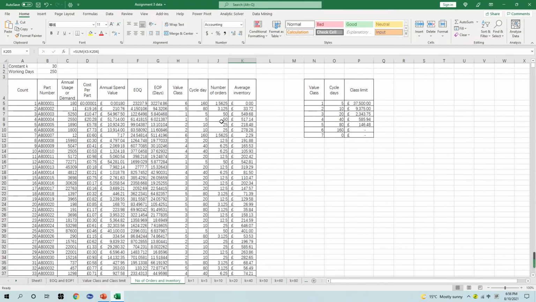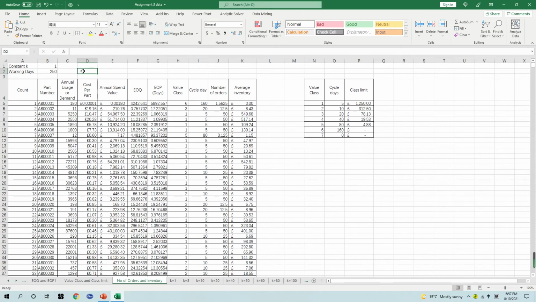The next step is we're going to vary the constant K from 1 to 100. As you can see right now, it is set to constant K = 30. Then I can just change this number, and the whole value will change.